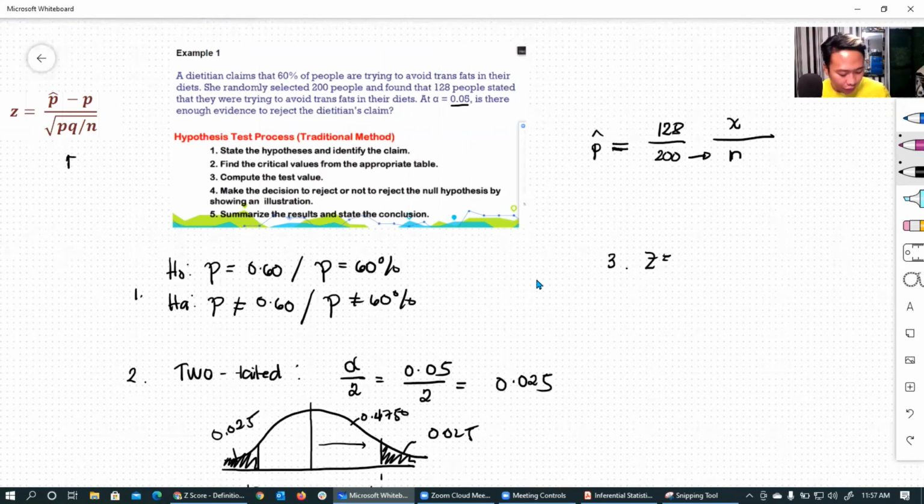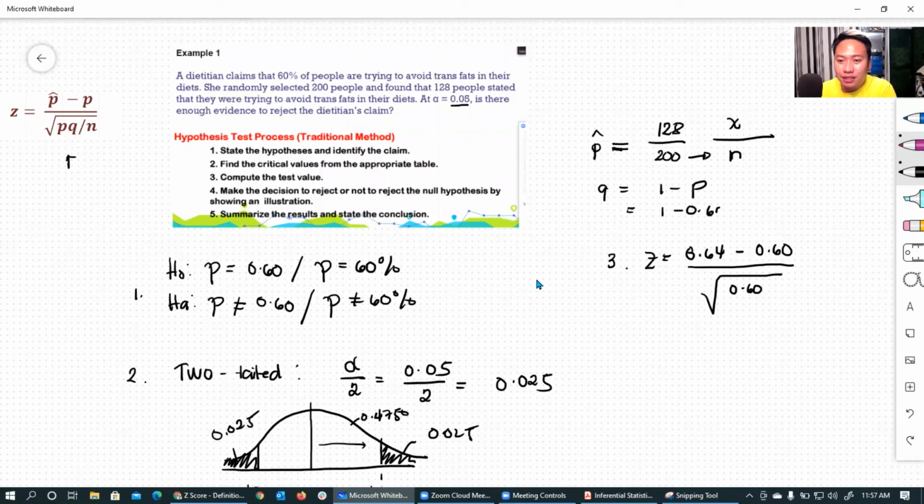What is 128 over 200? 0.64. So 0.64 minus the p, which is 0.60, over the square root of p times q. How do we know the q? The q is equal to 1 minus p, which is 1 minus 0.60, equal to 0.40.